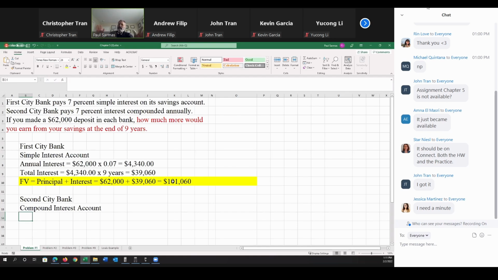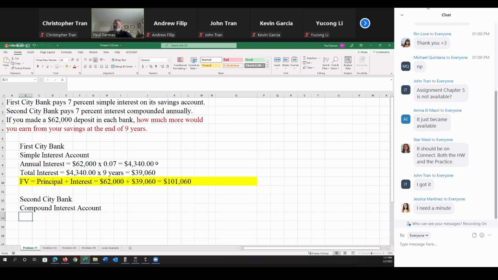Notice the simple interest only paid 7% on 62,000 every year, the same interest, 4,340. However, the second bank is compounding, meaning that in the second year you pay 7% on the 62,000 plus the interest from the first year. On the third year, you pay interest on 62,000 plus the interest from the first year and the second.